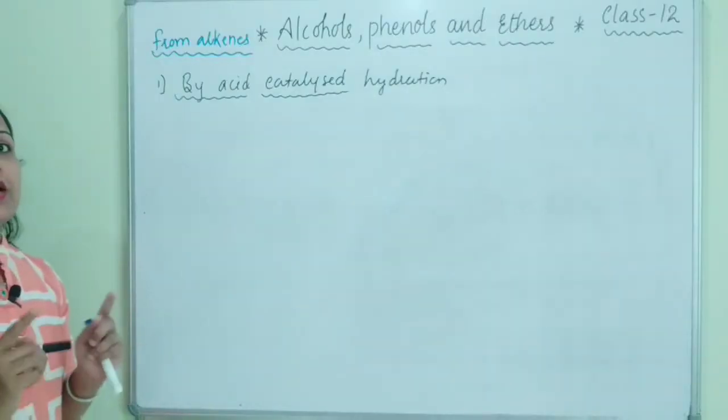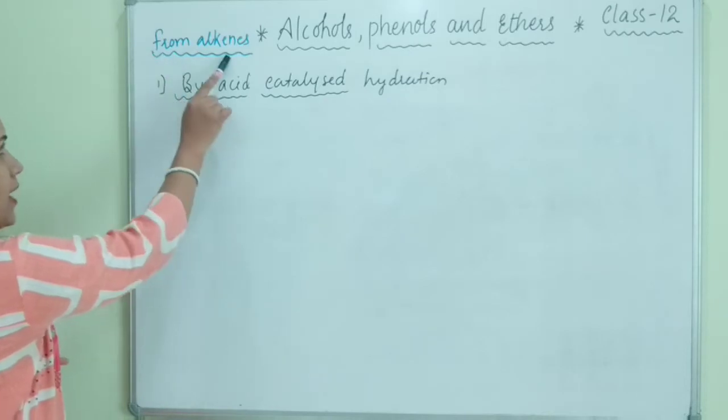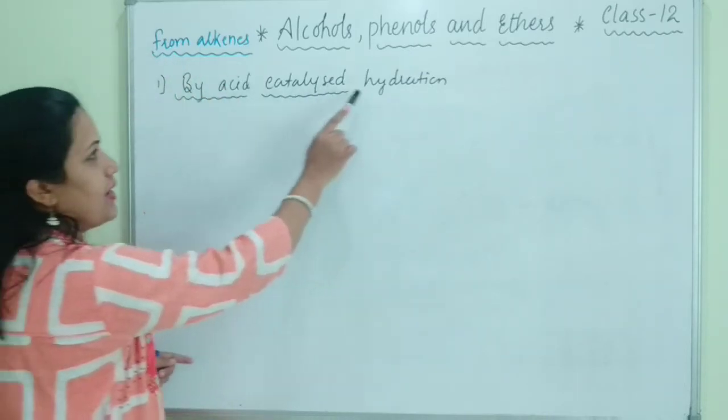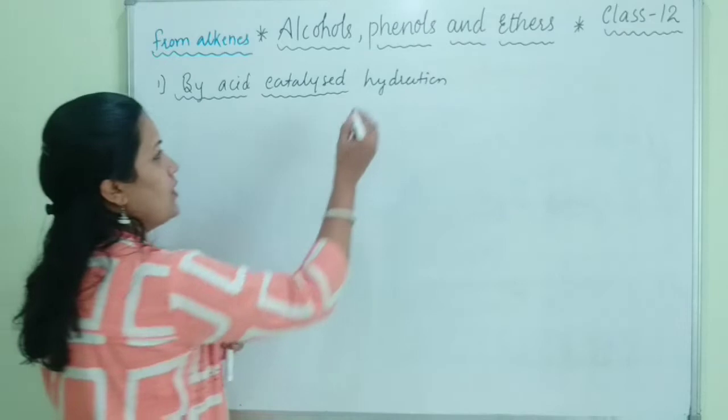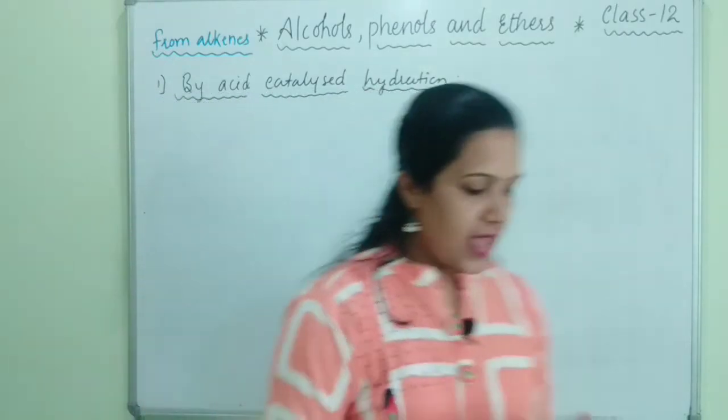Okay students, so let's start with preparation of alcohols from alkenes by acid catalyzed hydration. Let's write one general reaction for this.